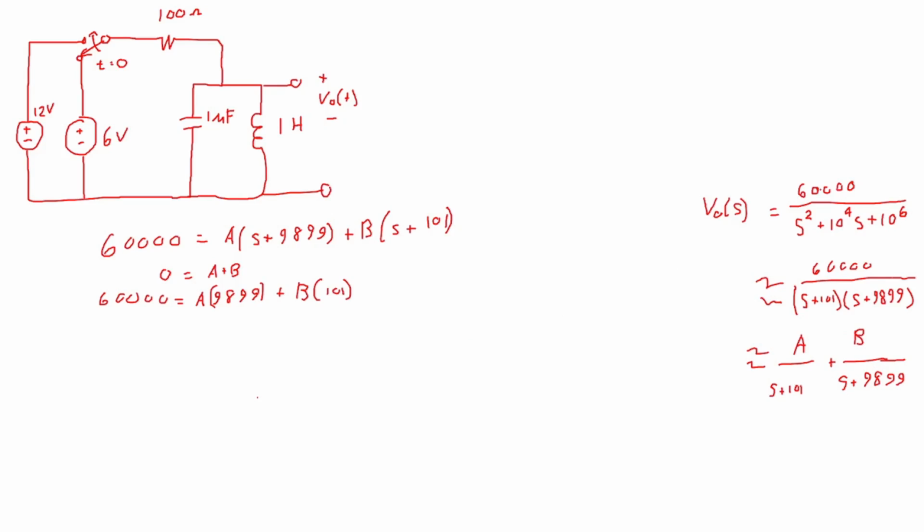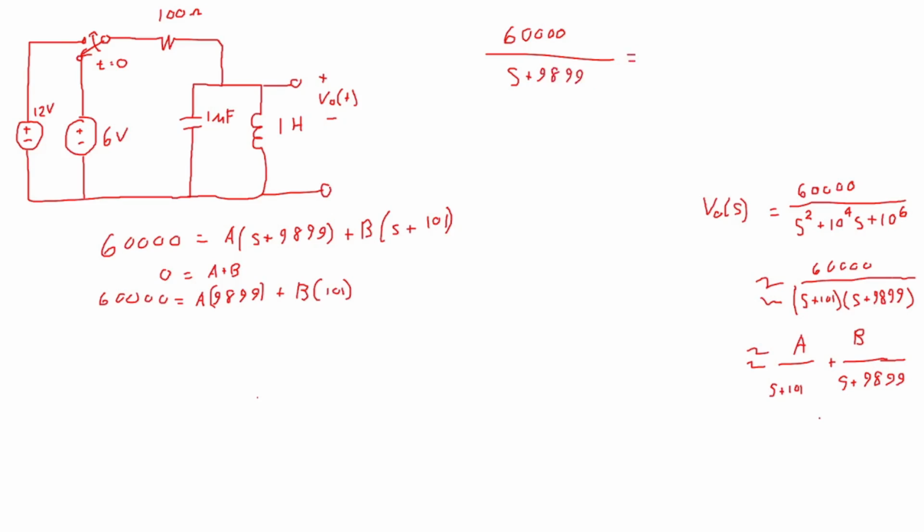And so that's the one where you multiply both sides by just one of the terms and then plug in the s value that makes it 0. So if I take both sides here and I multiply by s plus 101, the left-hand side here becomes 60,000 divided by, what's left of the denominator, s plus 9899.